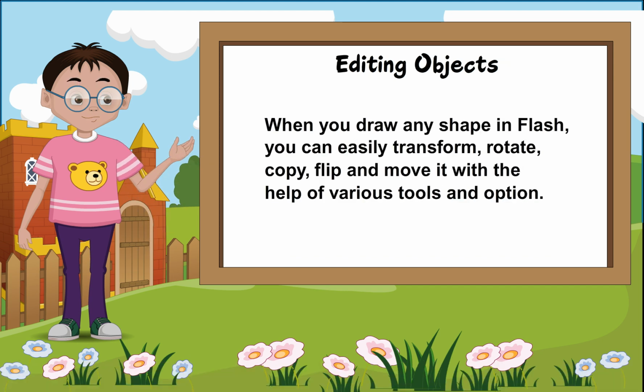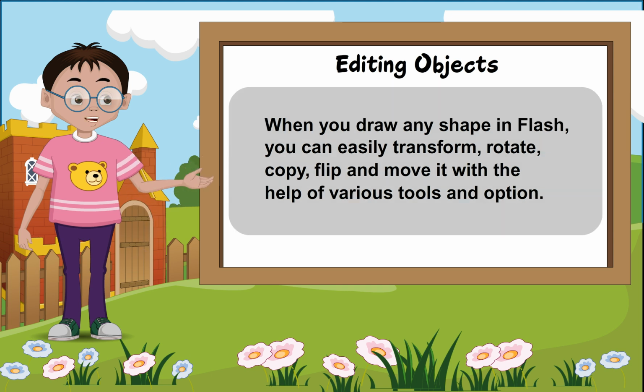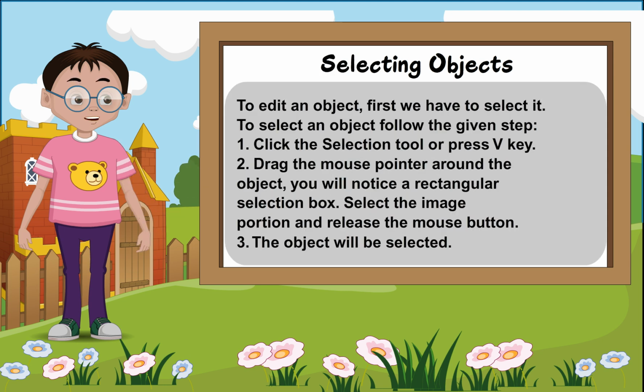Editing objects. When you draw any shape in Flash, you can easily transform, rotate, copy, flip, and move it with the help of various tools and options. Selecting objects. To edit an object, first we have to select it.